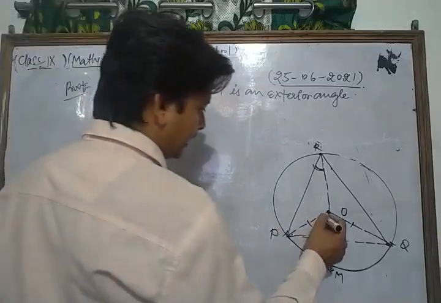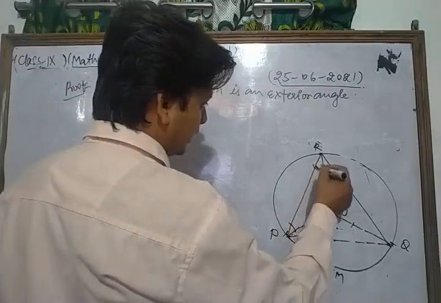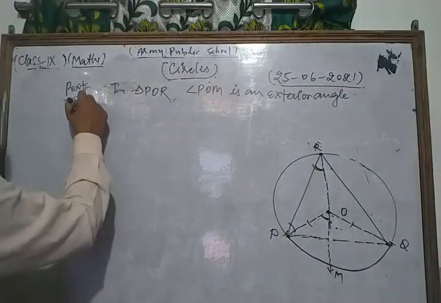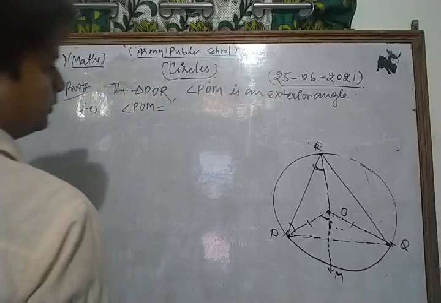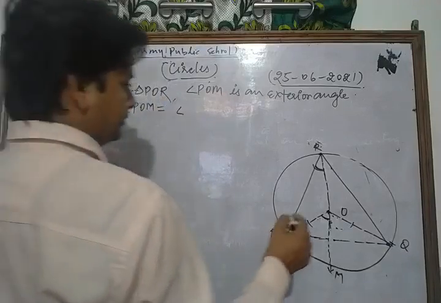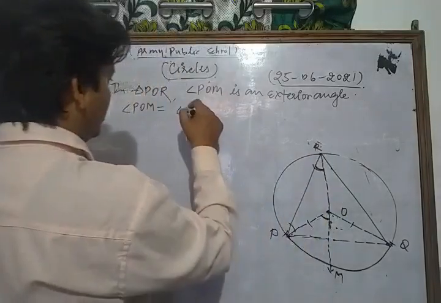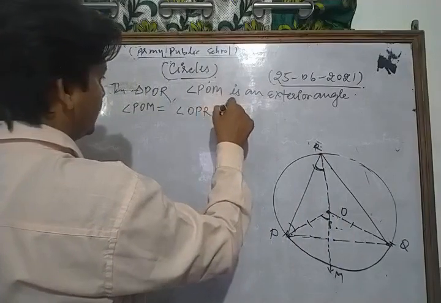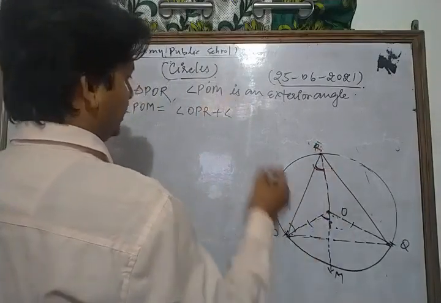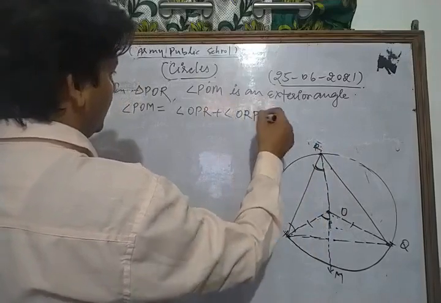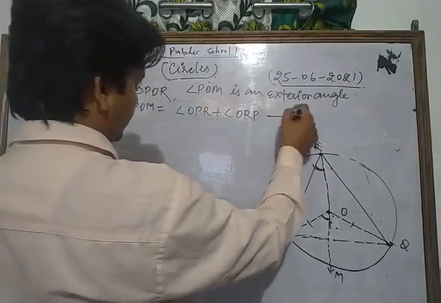That means angle POM is equal to angle OPR plus angle ORP. Take this as equation number 1.